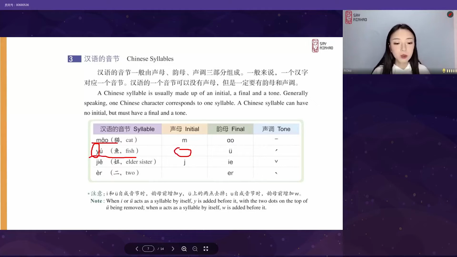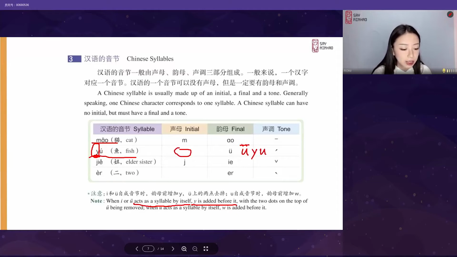When U acts as a syllable by itself, Y is added before it, and with the 2 dots of U removed, which means we will remove these 2 dots and just write it like this.